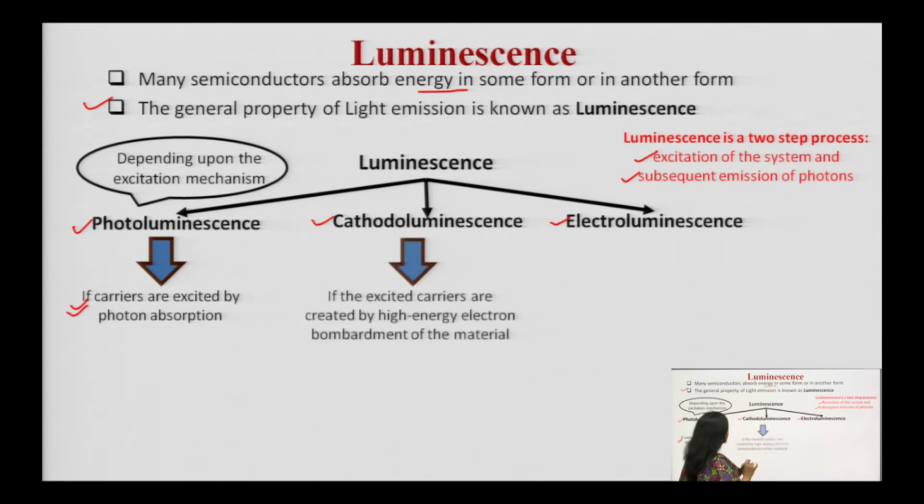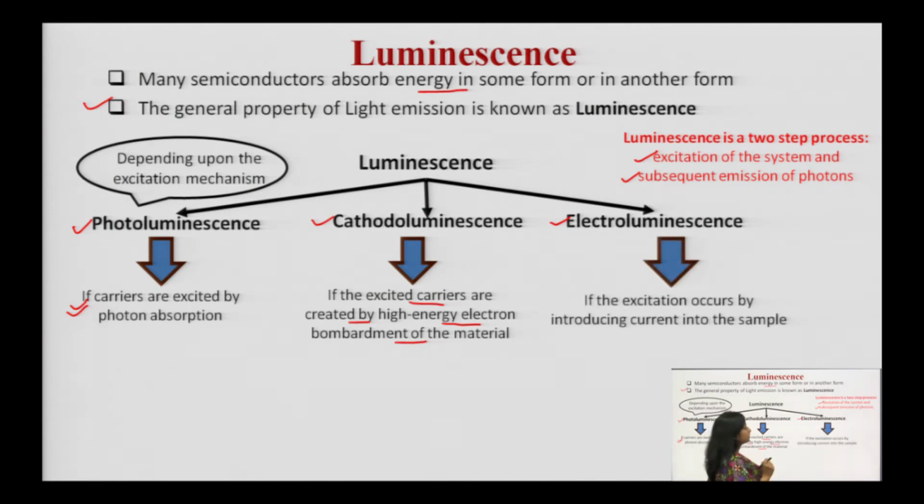Second is cathodoluminescence. If the excited carriers are created by high energy electron bombardment of the material. You must note down this particular statement. If the excited carriers are created by the bombardment of the material, as you have studied in the CRT, that is the case of cathodoluminescence. The third is electroluminescence.